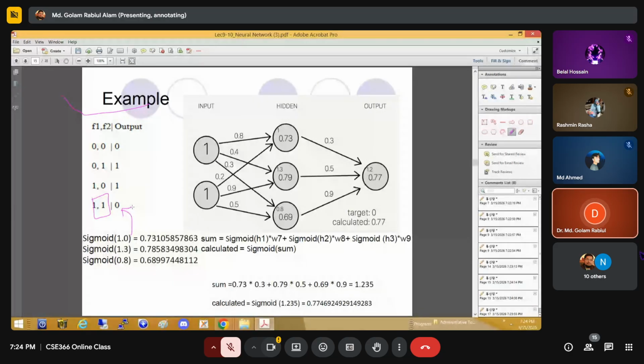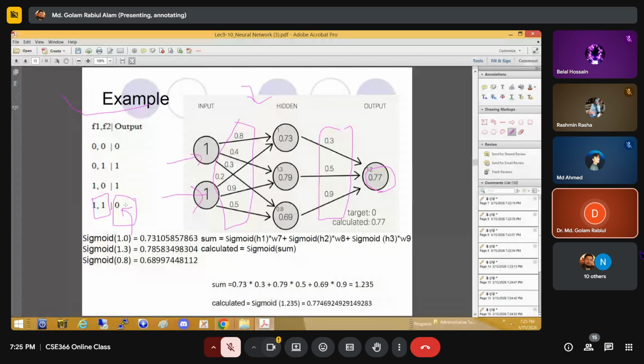But according to our current design, specifically the current weights, which are the initialized weights, when we feed 1, 1 to this network, the output we got is 0.77. But what's the expectation? Expectation is 0. So if we input 1 and 1, the neural network should produce the result 0. That is called the expected result.